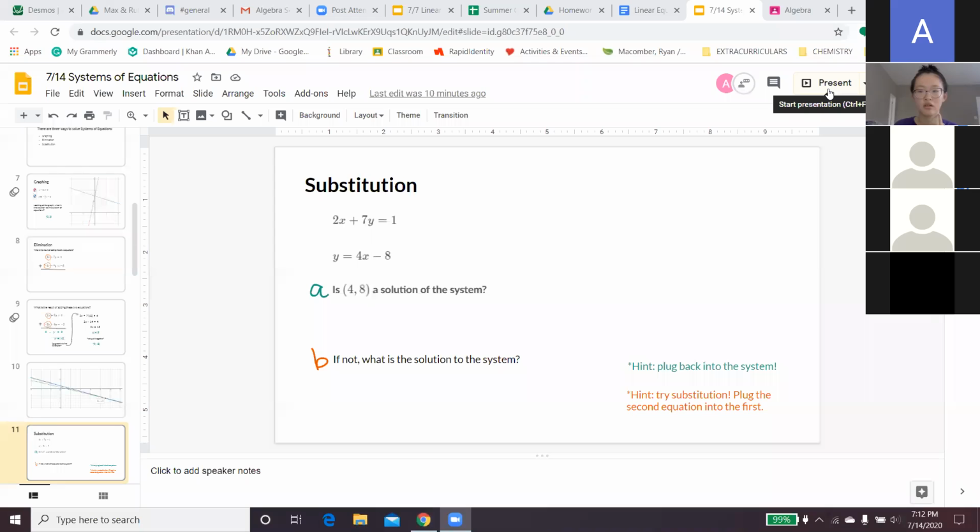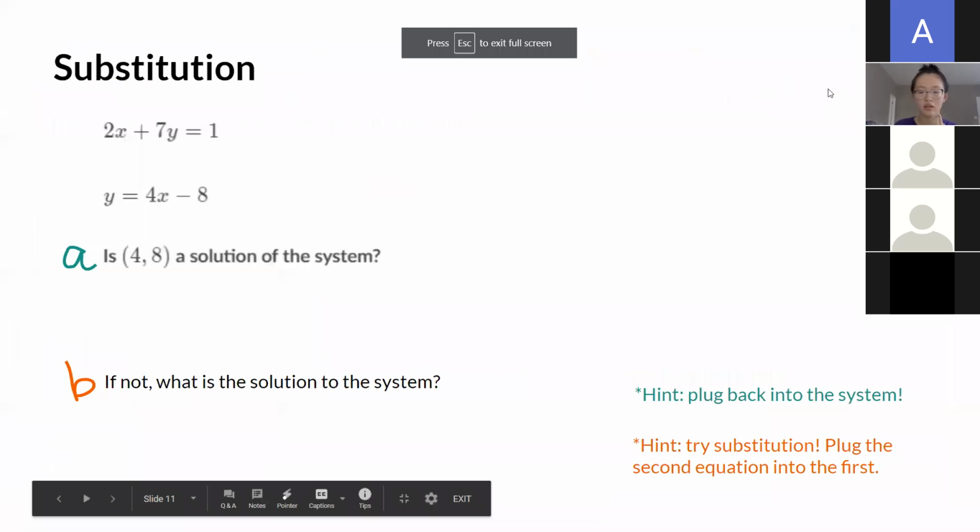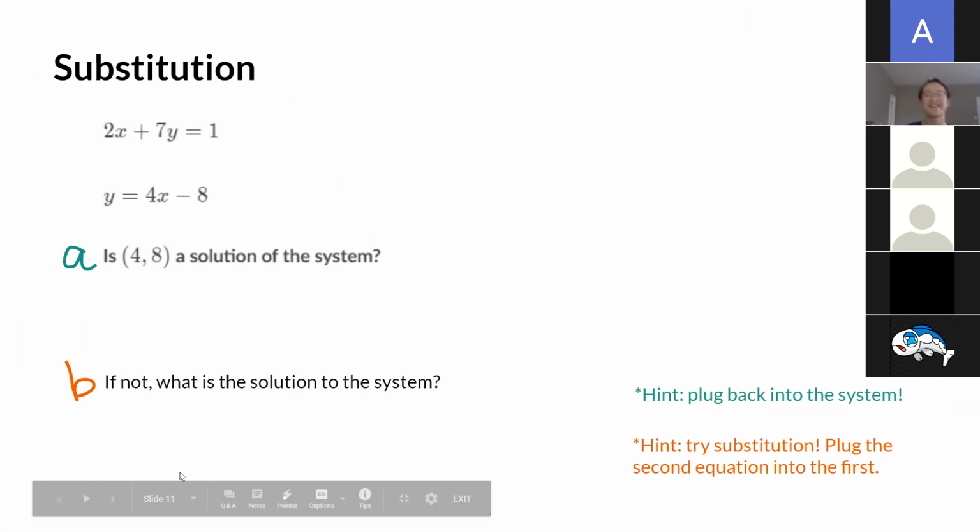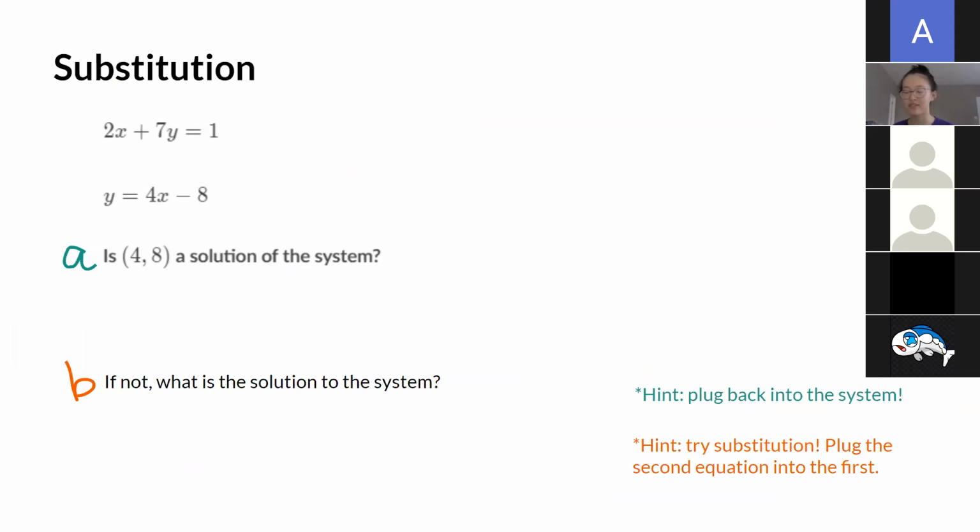Okay, is that better now? Yes. Okay, sorry. If that happens again, feel free to just unmute yourselves and tell me, because I can't really see the chat when I'm sharing my screen.